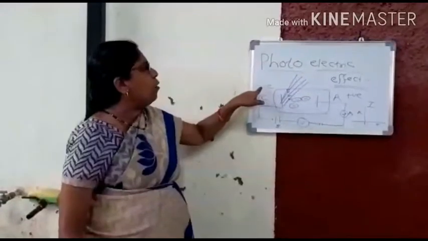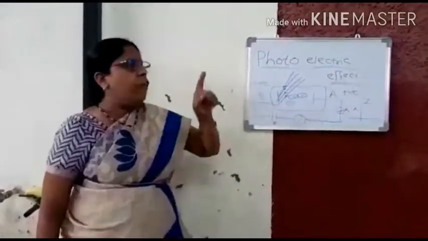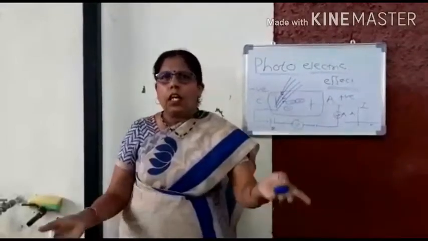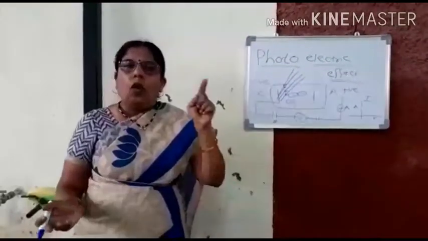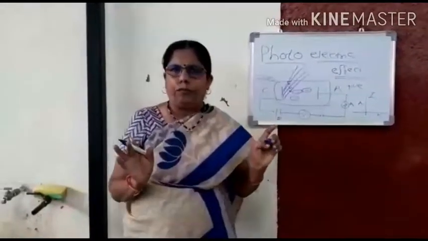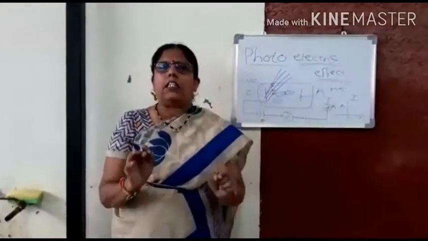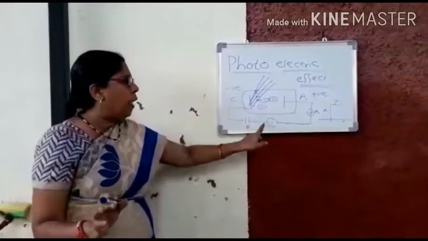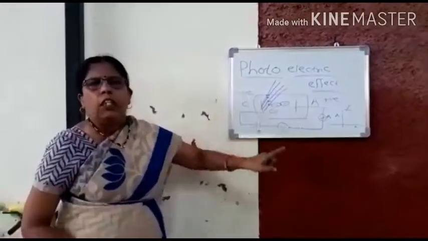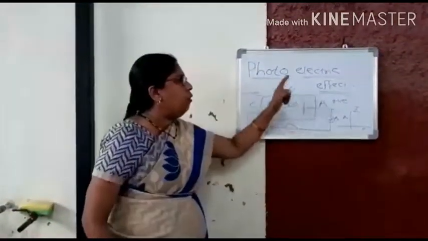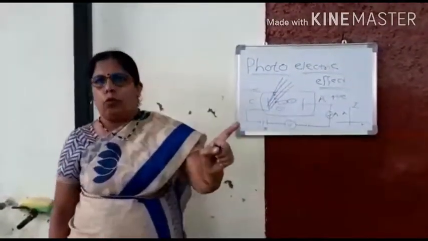Then three conditions occur. When the cathode becomes positive, electrons are not emitted, no current flows in the circuit. No current flowing in the circuit means that at that time the voltage is the stopping voltage. It is denoted by V0. Stopping voltage means that at that voltage the current flowing in the circuit is equal to 0.